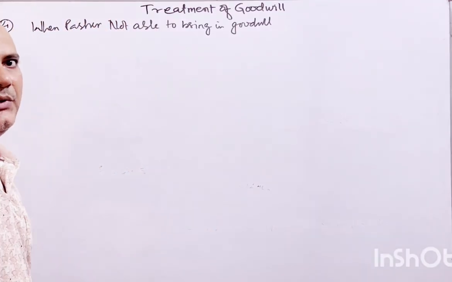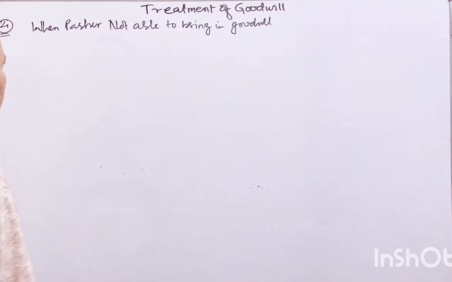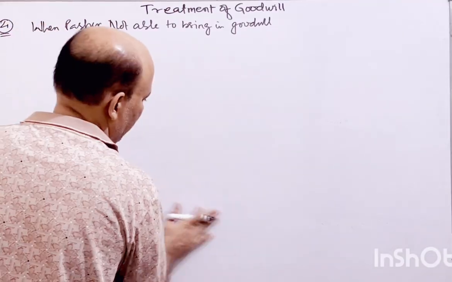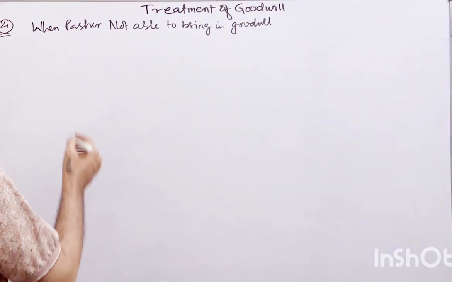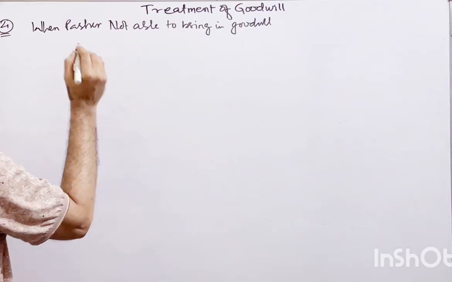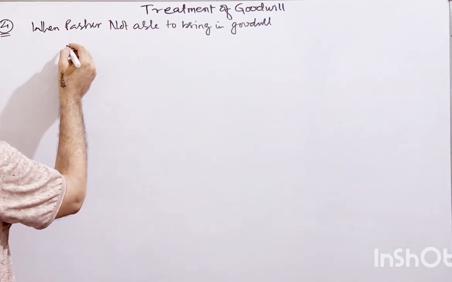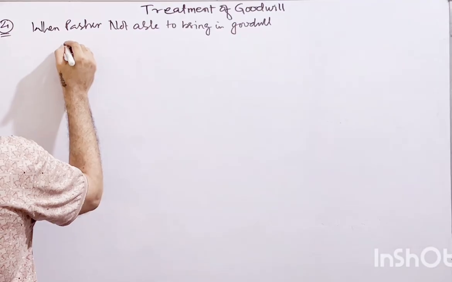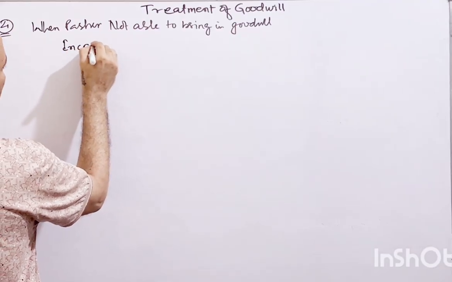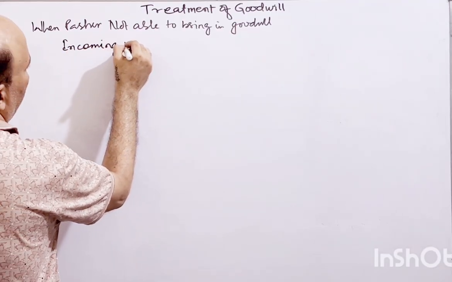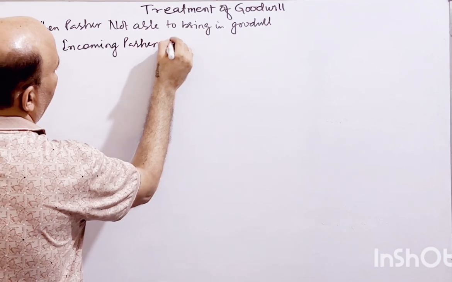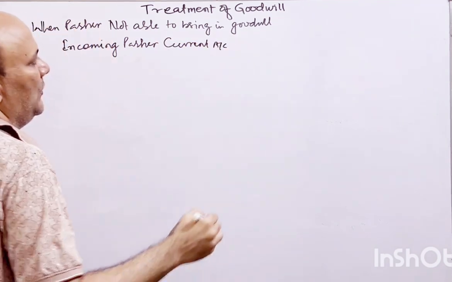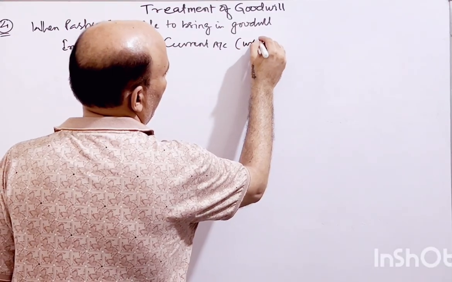He says, okay, I will bring it, or I will make the payment in the future. So what happens? We have to make the sacrificing partners' claim against the new partner. We have to book that, and we have to book it through the current account of the incoming partner. Incoming partner current account with the value of goodwill.